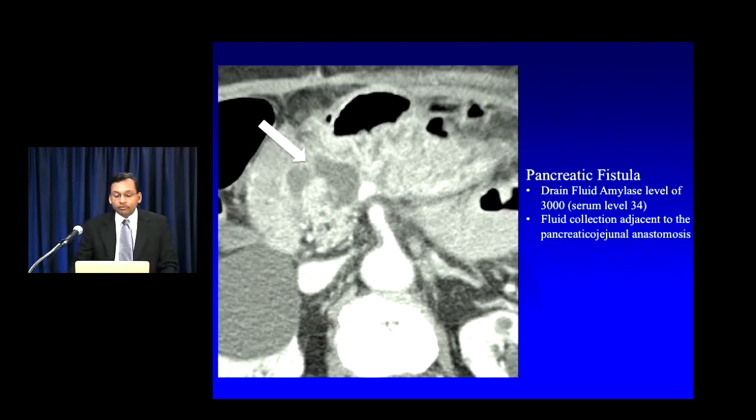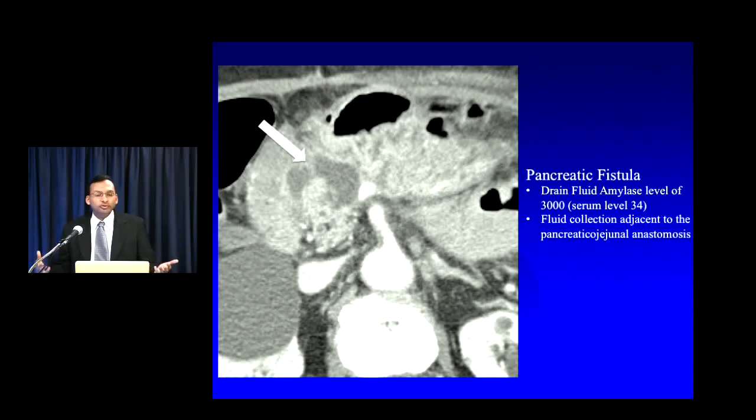Now, most cases today, if you develop a pancreatic fistula, the patient is going to be treated conservatively. They're going to put in a percutaneous drain to deal with the fluid collection, but the patient typically is not going to go directly to the operating room. The only instance where you might potentially precipitate the patient going back to the OR is if you see signs of massive anastomotic dehiscence.